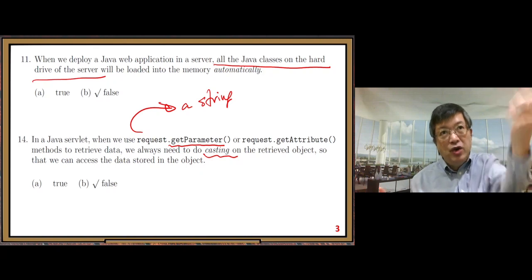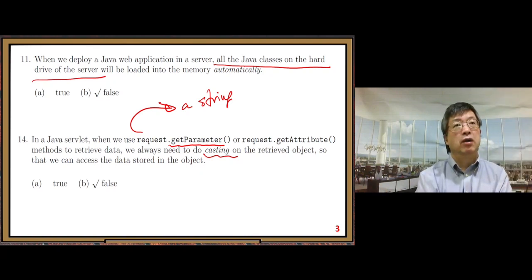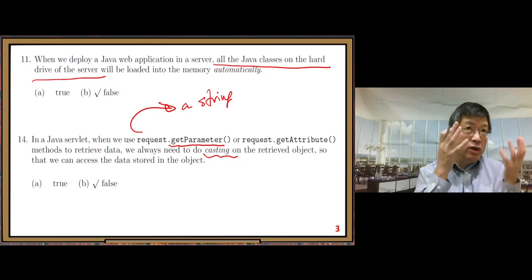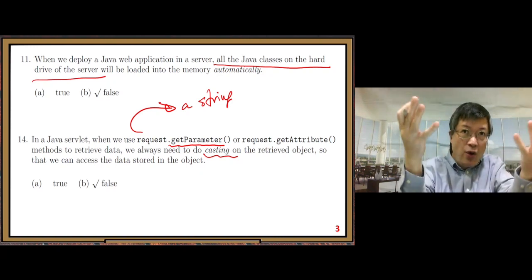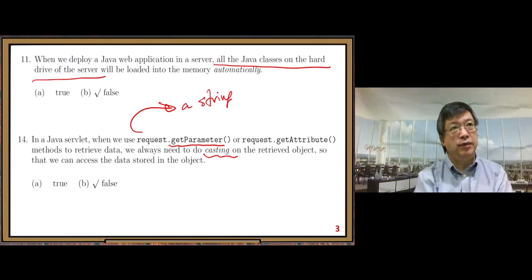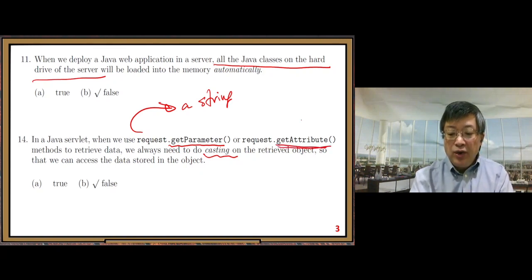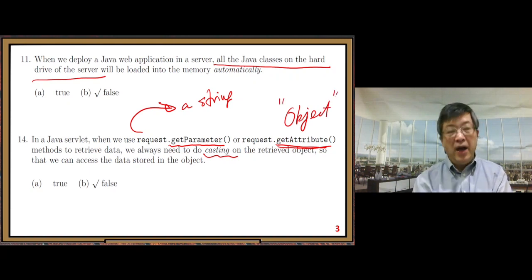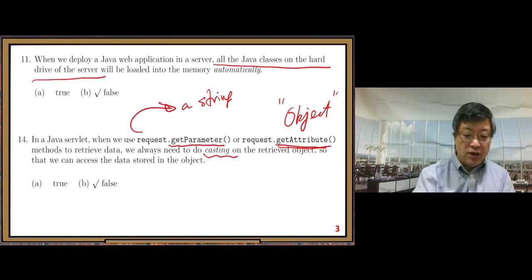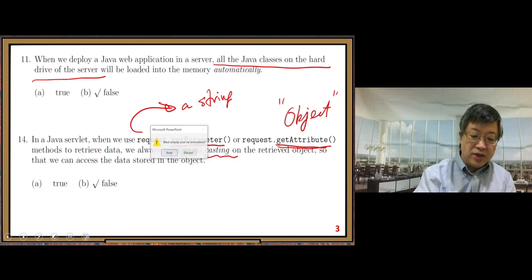You just create a string object to store the return value. No casting. But for the second, getAttribute returns a capital-O Object. Then you need to do casting. That's this question. All right, so we finish part 1.